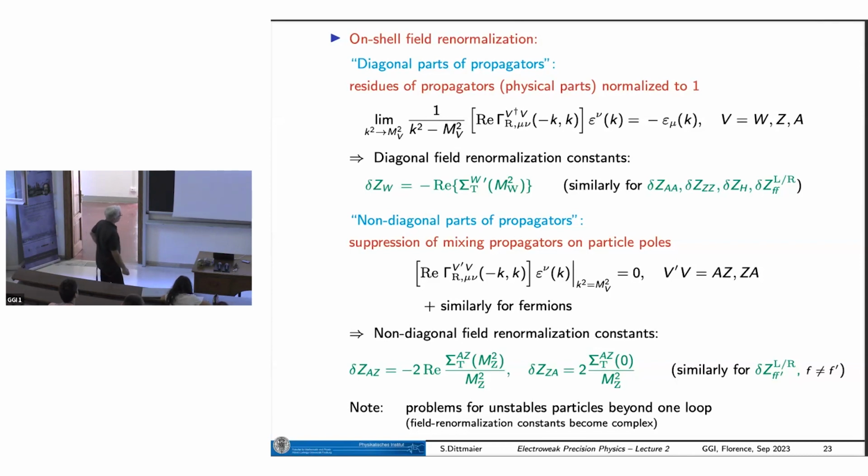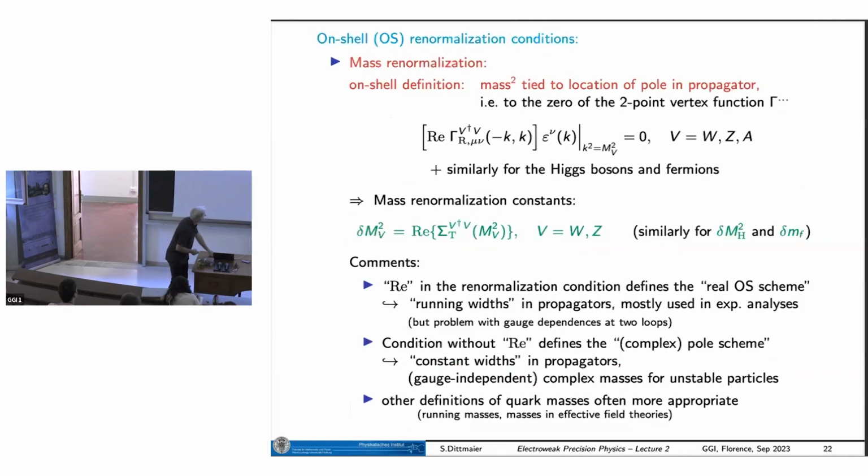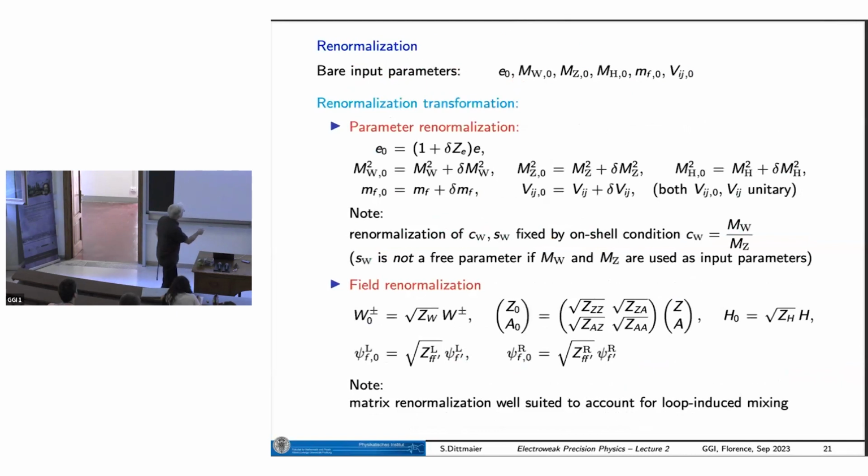And this fixes the two non-diagonal renormalization constants that you have, namely the ones where you have this Z factor AZ or ZA for the indices. Let's go back and locate this in the transformation. These are these two contributions here.